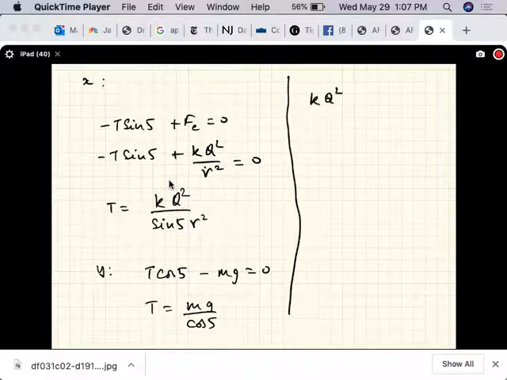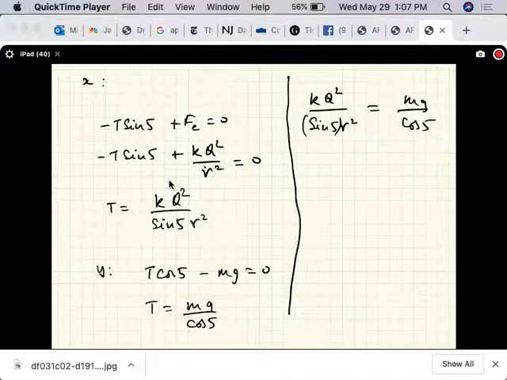So kQ square over r square equal to mg tan phi. We bring sine phi over cosine phi equal to kQ square over r square divided by mg.